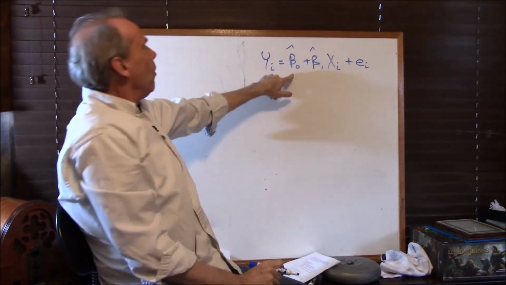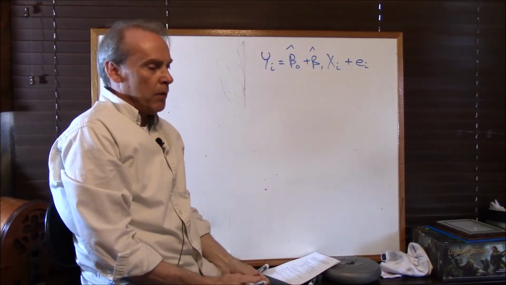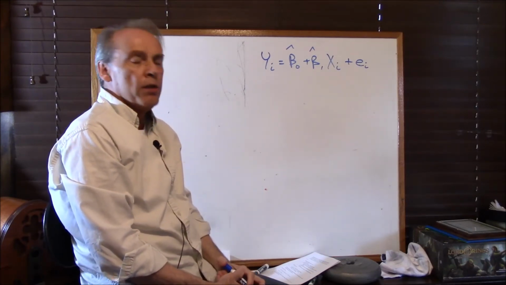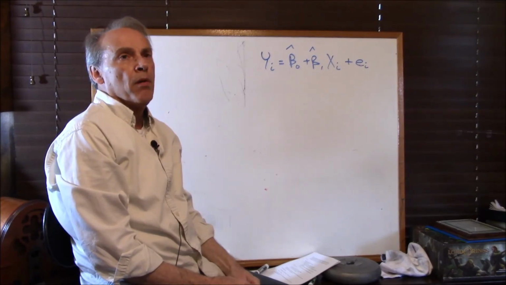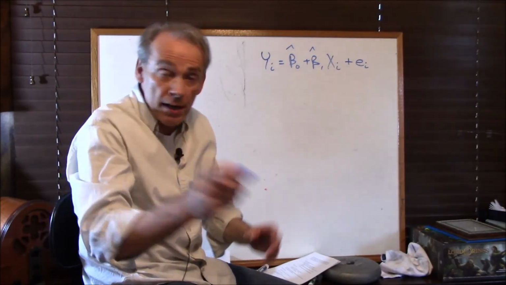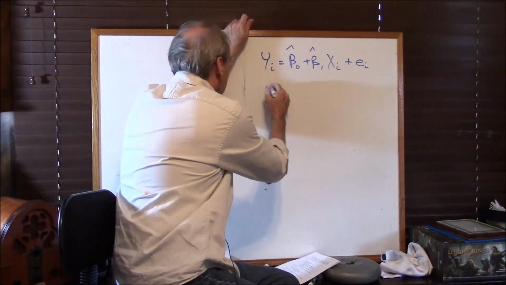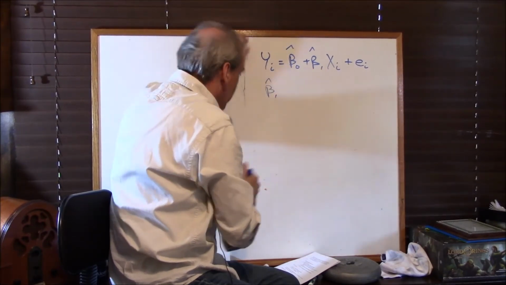Okay. Where does it get these two numbers, all right? Once again, if you set up the original equation, take the first derivative, then set it equal to 0 and solve, you end up with this. Solve for what, you might say? Solve for beta hat sub 1.